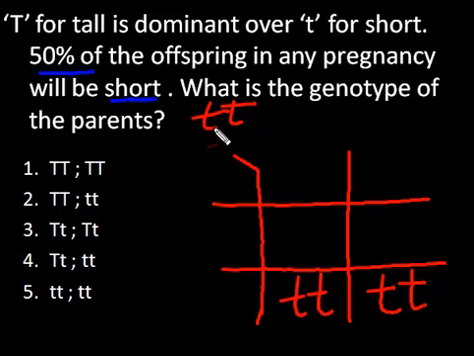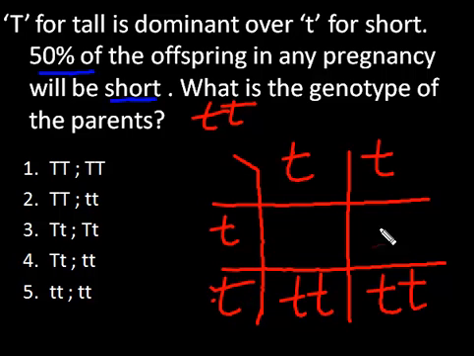Now, obviously, both parents cannot be homozygous short, because then the father and mother would both be short and 100% of the offspring would be short. So both parents can't be that.